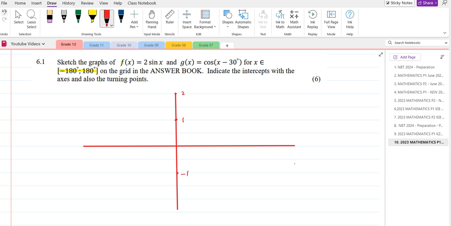This is minus 1, and this is minus 2. Right, so this is the x-axis and the y-axis. Now on the x-axis we want 6 intervals, because I'm using 30-degree intervals, right? 30, 60, 90, 120, 150, and 180. Make sure it's kind of spaced out.